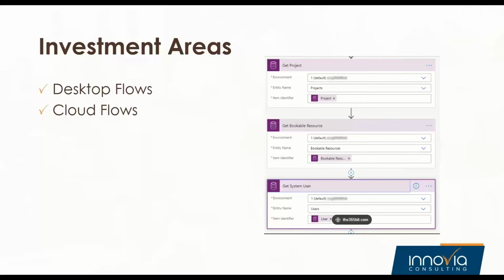So two of the investment areas that we'll talk about today are desktop flows and cloud flows. Just to understand the difference between these two types of flows, desktop flows are what we call robotic process automation. This happens actually on your desktop.